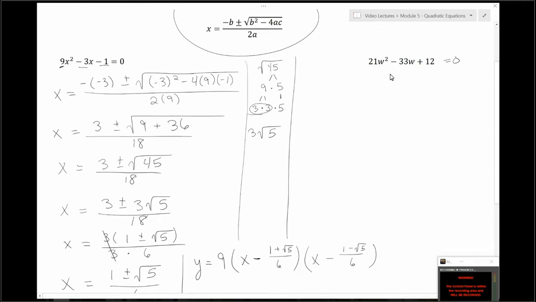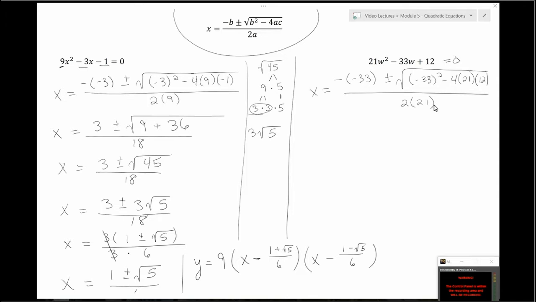But if I try to use the quadratic formula, I end up with some really large numbers. Now, for us, we'll always have a calculator, so that's okay.